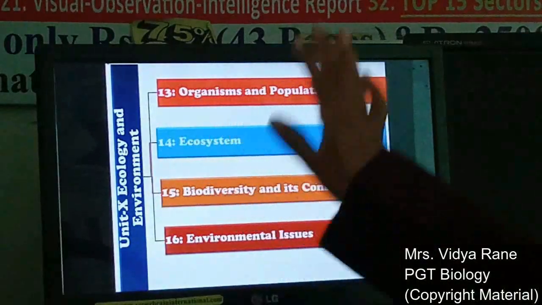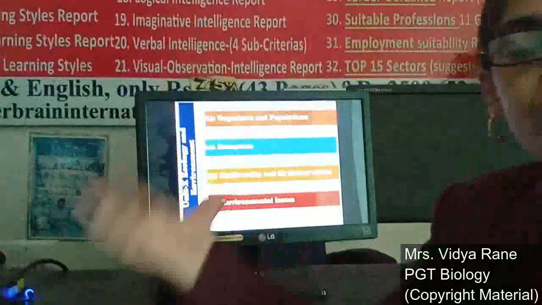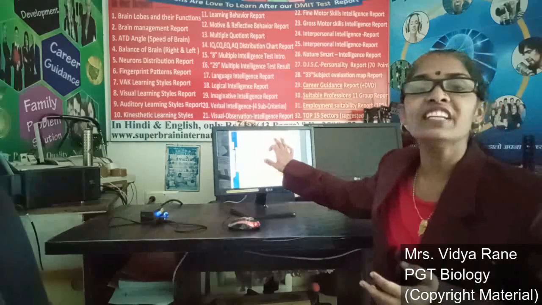Chapter number 13, Organisms and Populations. Here you are going to learn about organisms and their populations and their interactions. Ecosystem you are going to learn here, right? How they interact with each other positively, negatively, mutually. So this is a very interesting and very easy chapter.